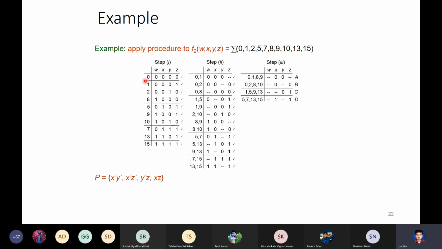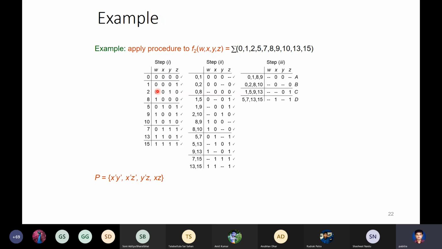Now I look for matching pairs between the min terms in one group and the min terms in the next group. The group with zero ones, I will try to match with members of the next group containing a single one. But what is the matching rule?